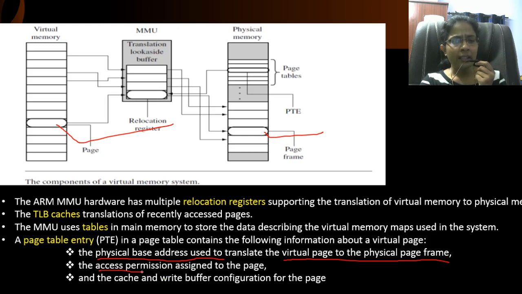And the access permission is assigned to your page, because not all pages are accessed. The individual memory space is called a page, and the individual space in your physical memory is called a page frame. And a cache and write buffer configuration for the page. These will all be present in your page table.